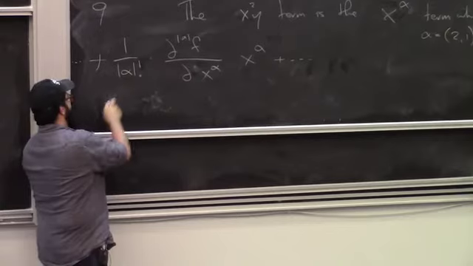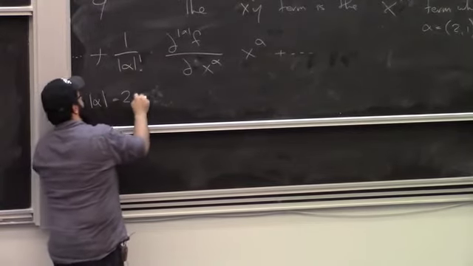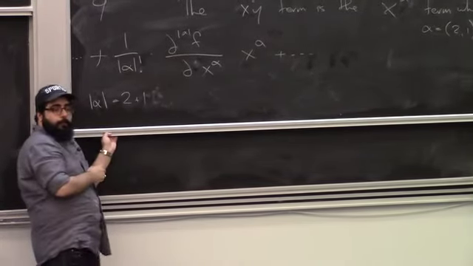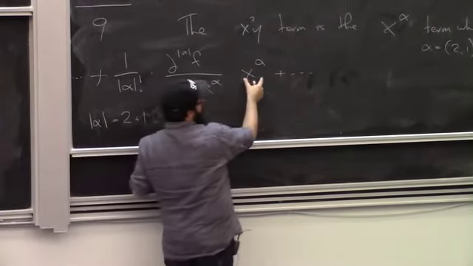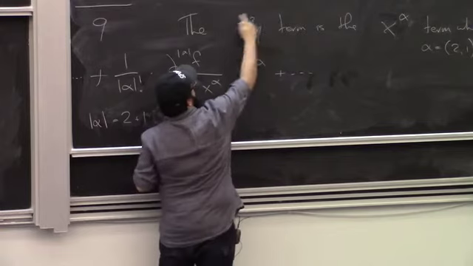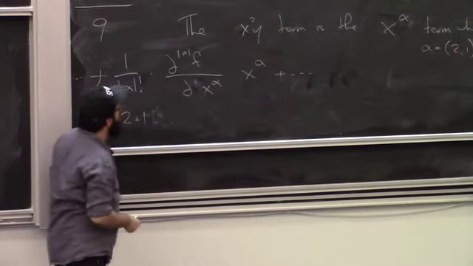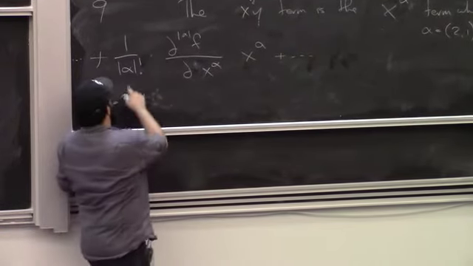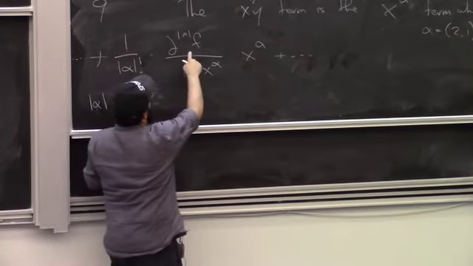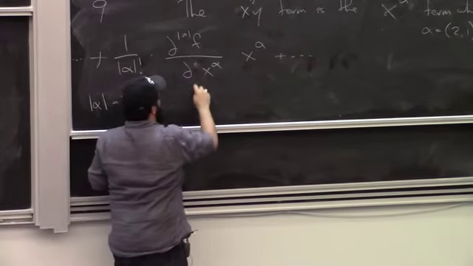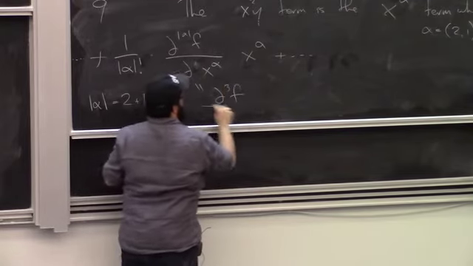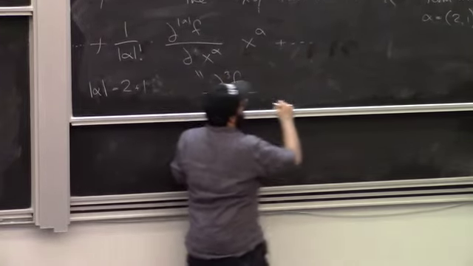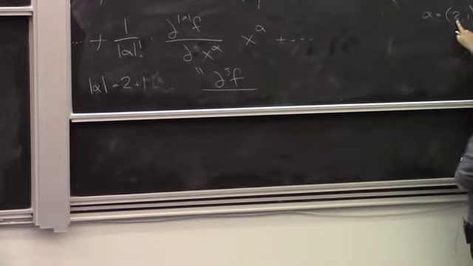So the length of alpha in this case is simply 2 plus 1. That's like the total degree. It's the total exponent. In this case 3, because there's 3 variables here, x, and y. So this guy is 1 over 3 factorial. And this thing in this case is the third derivative of f with respect to the first variable this many times and the second variable that many times.